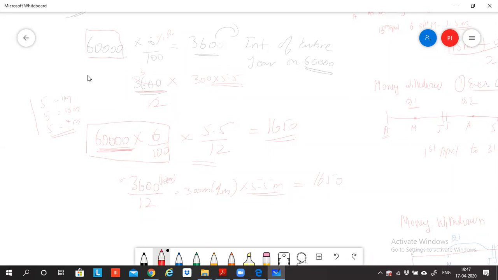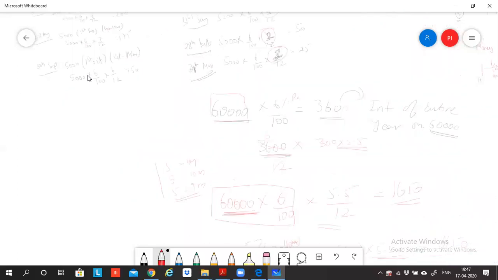So basically, if the amount is not fixed and the withdrawing period is not fixed, then you will have to use the method which we did the other day, the big method. This is called the direct method.